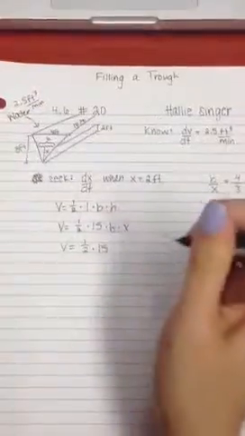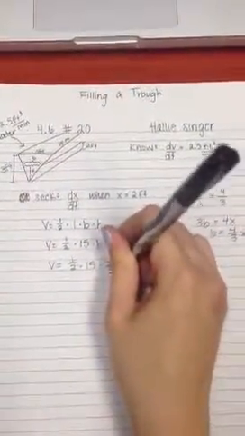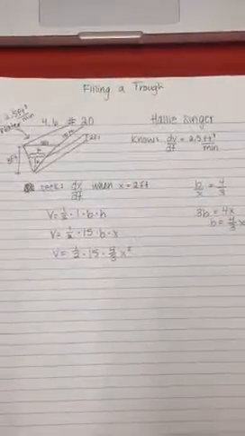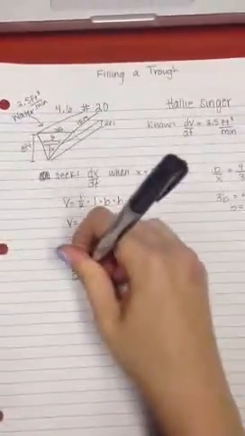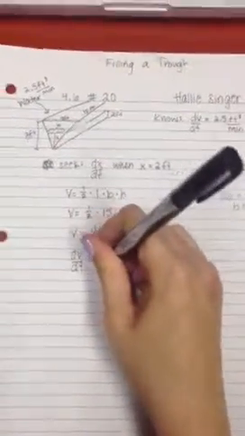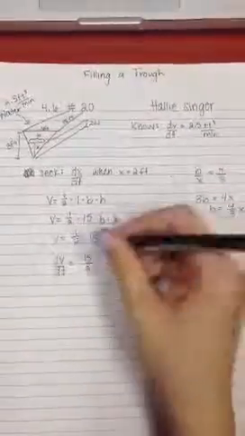1/2 times 15 times 4/3 x squared, because we multiplied those two x's. Then, since we did that, we can differentiate. So dV/dt equals 15 over 2. We're doing a product rule. Just combine those two terms.